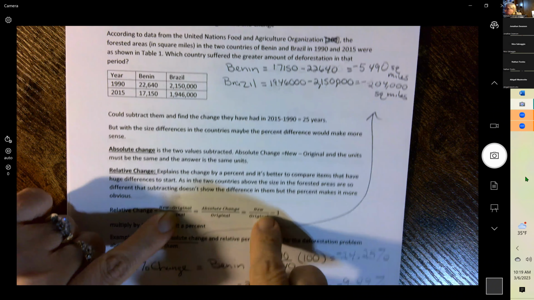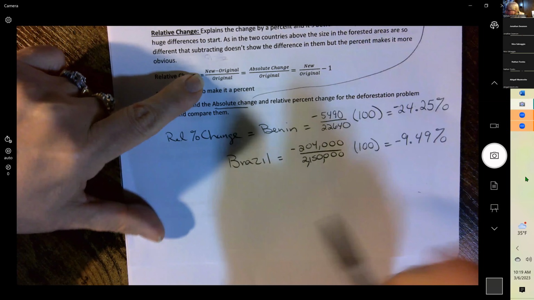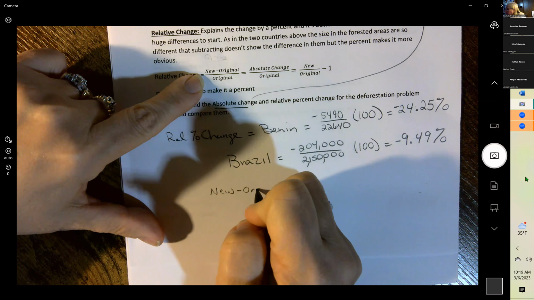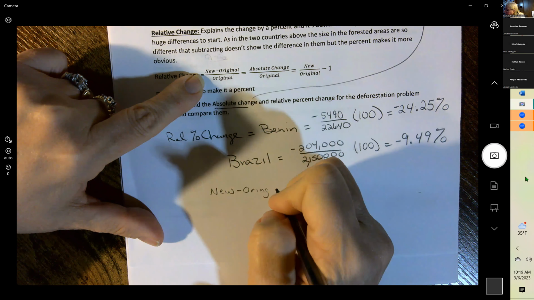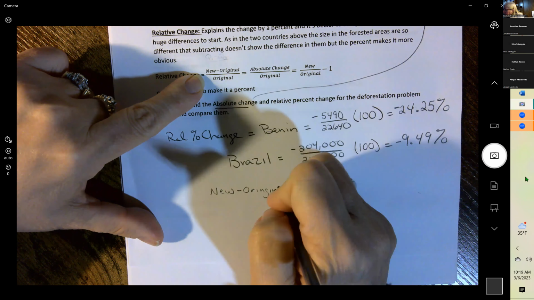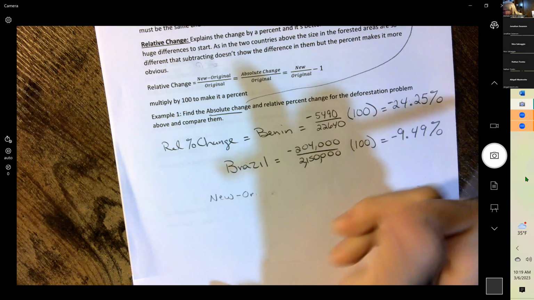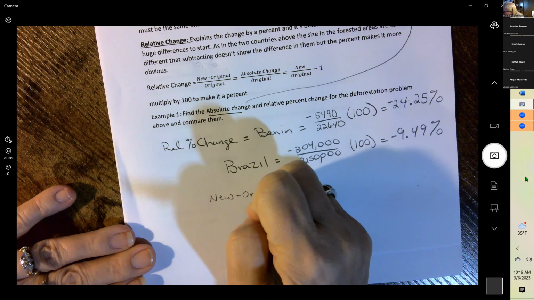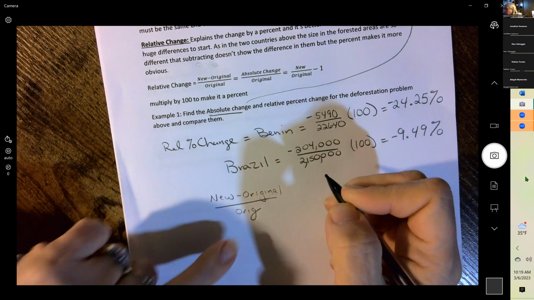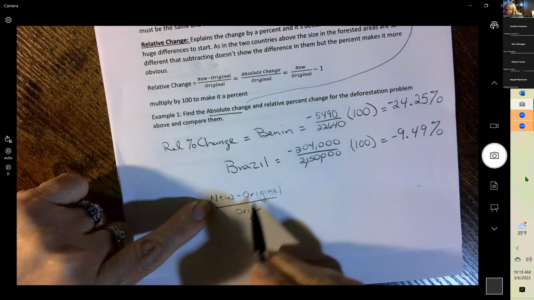Now this one, what they're doing is they're taking this part here, new. I just wanted to put it there in case you looked in the book. Oh, I got an extra N in there. So if we start with this, the way they're getting this is they're dividing original into both of these.